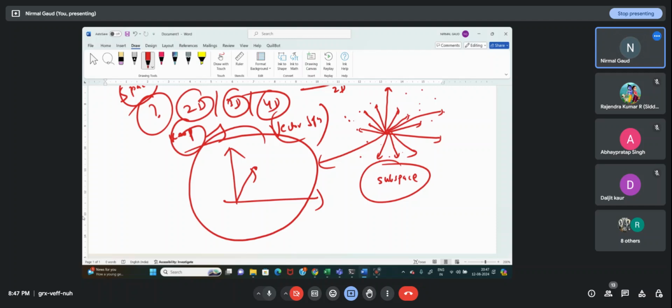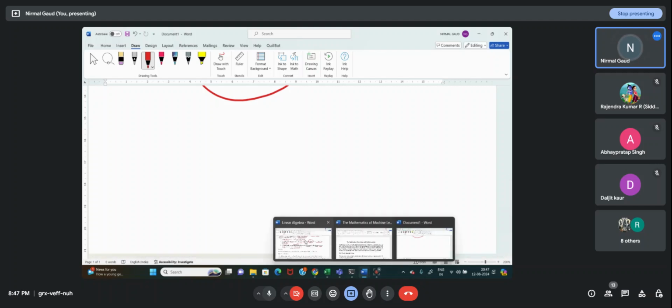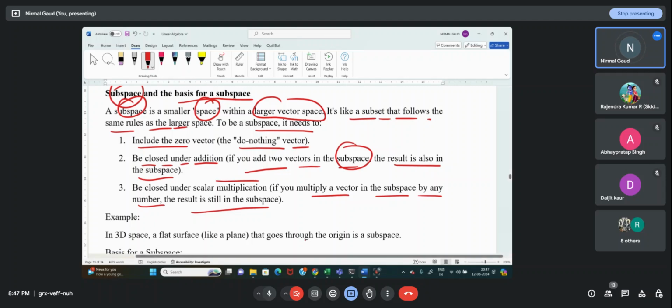That is a subspace. And creating a subspace, it is having some property. I read those properties. That means it comprises the zero vector also. A vector which doesn't have anything, does nothing, that is a zero vector. जिसके पास कुछ भी नहीं है, nothing. That is a zero vector.